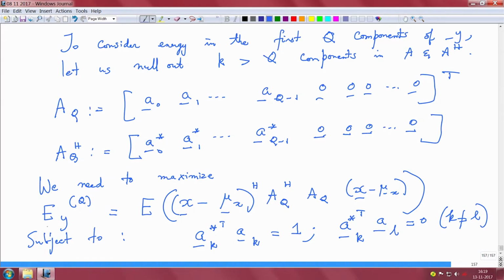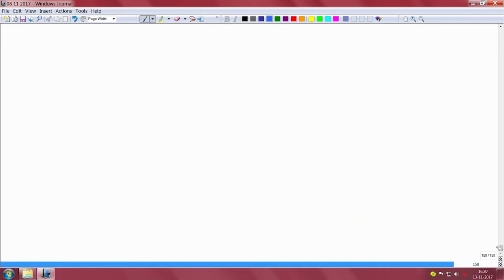It is maximize Ey of q, which is given by this quantity, subject to these conditions. Okay. Now, it is not too difficult, we can formulate these into the Lagrange multiplier framework.